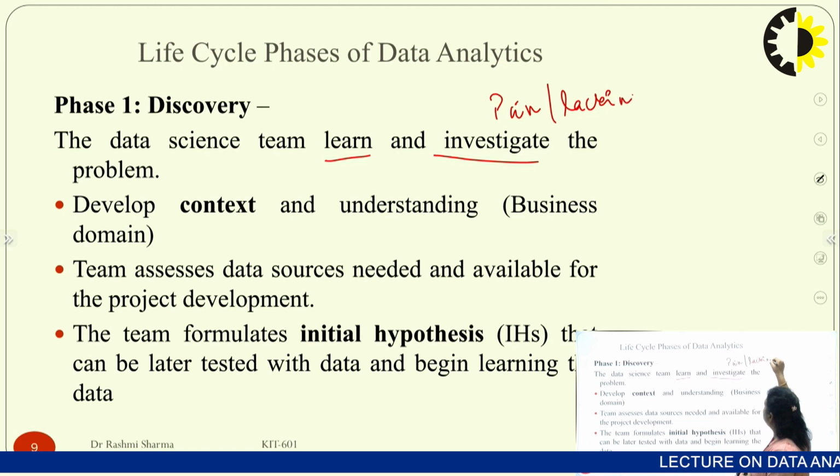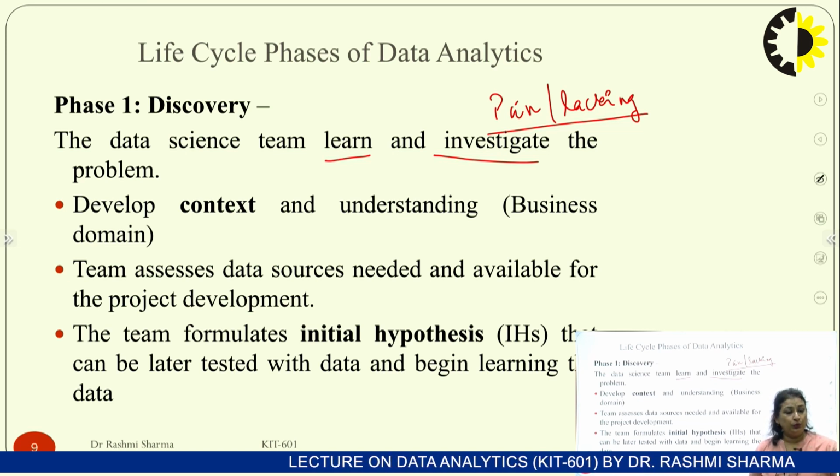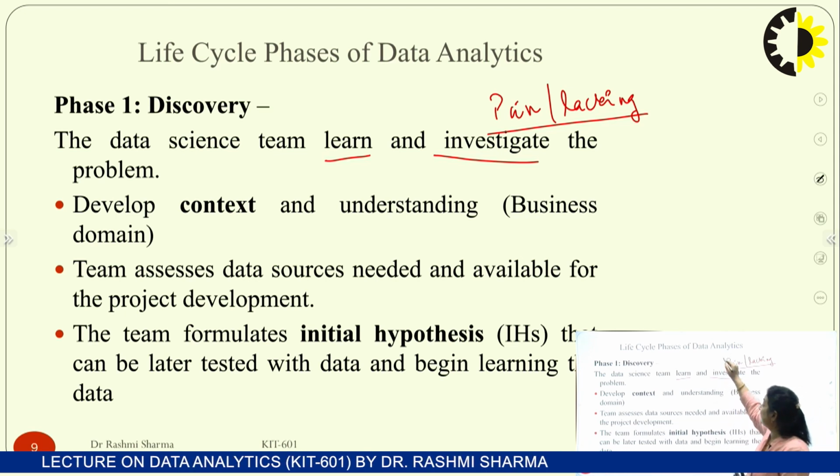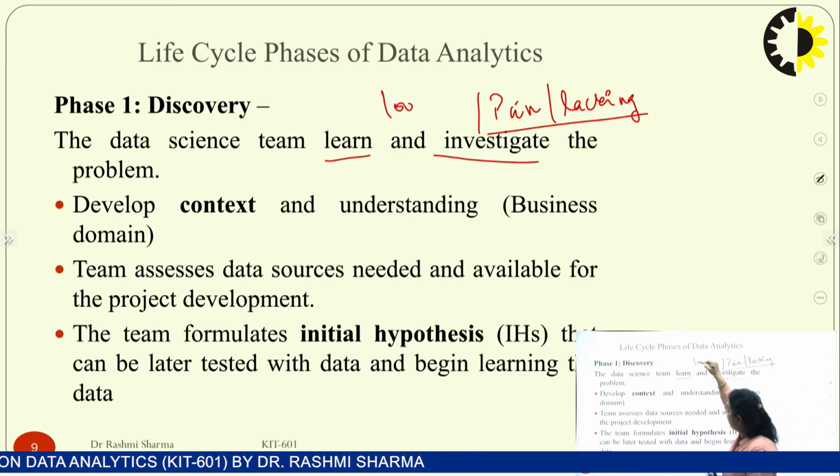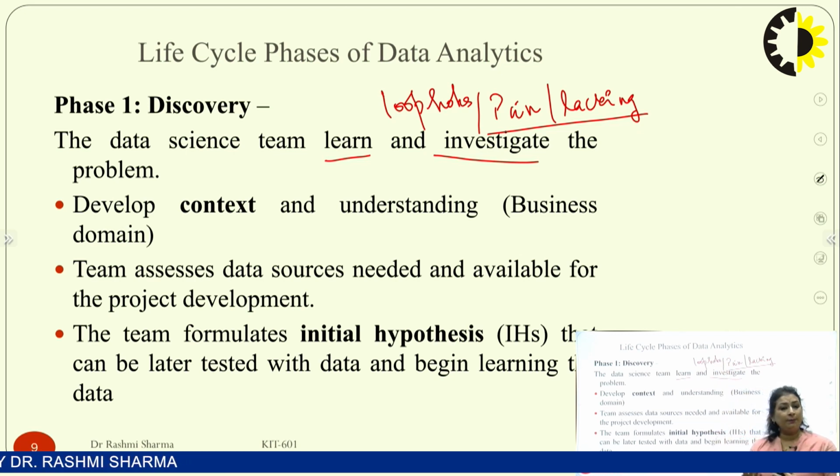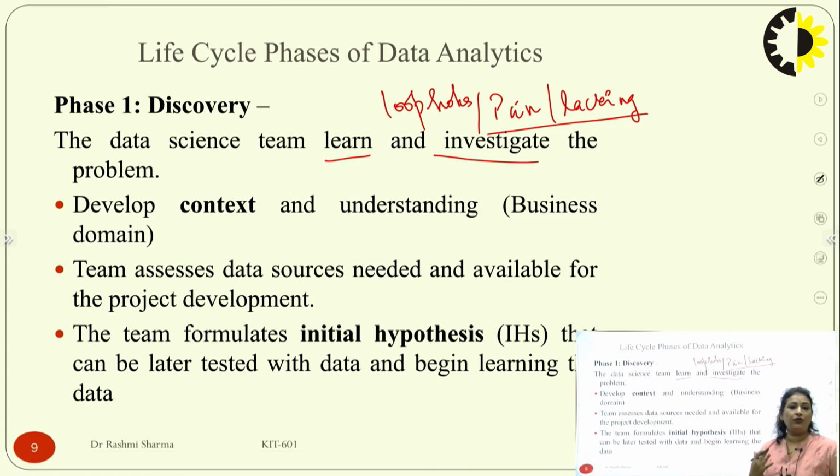We have to identify that lacking area or pain area, then we can decide what we have to do. So to discover that, I should know the loopholes of the system, and only then can we discover what we have to do. So I have to first find that out.